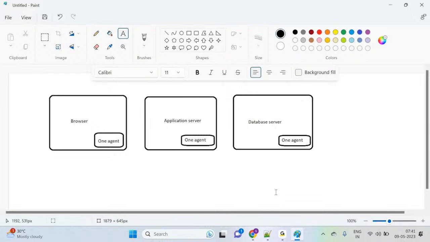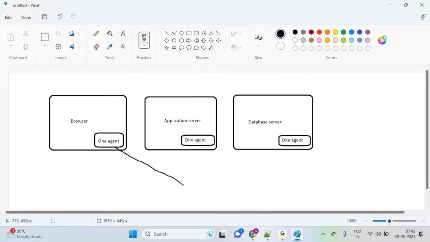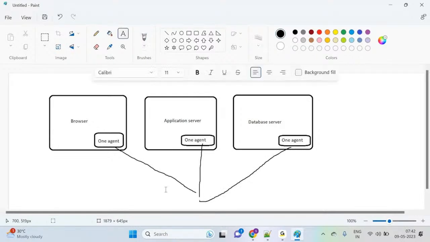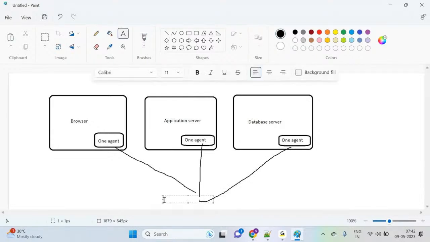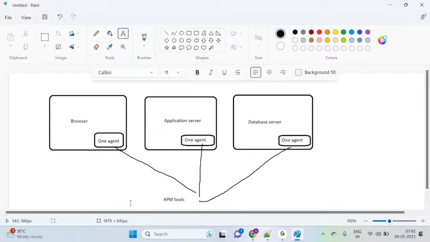Once it collects, all this information will be sent to the respective APM tool, which may be Dynatrace, AppDynamics, New Relic, or Datadog.